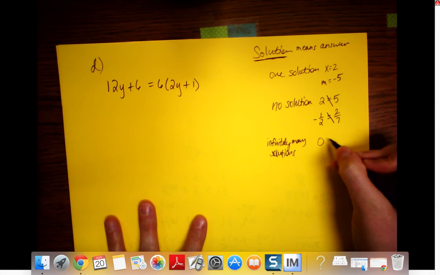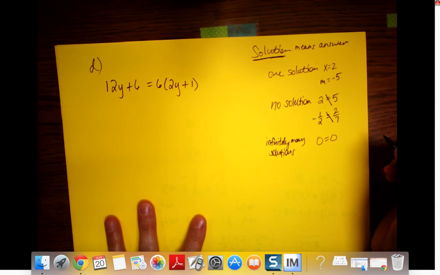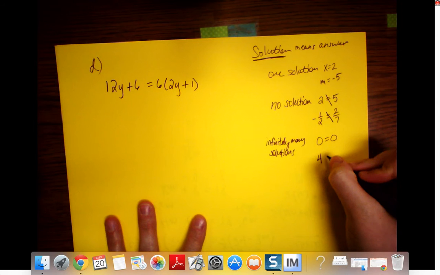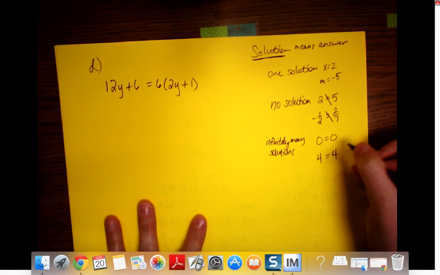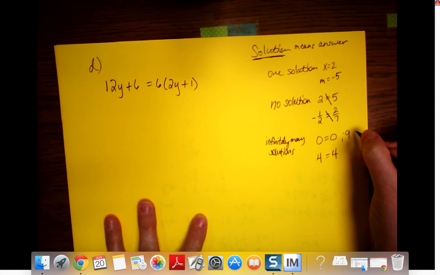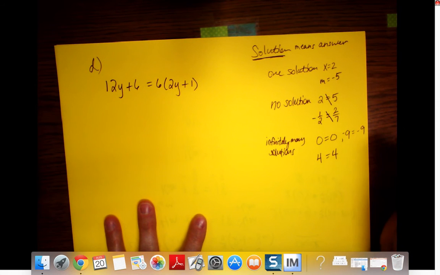It could say 0 equals 0, or 4 equals 4, or negative 9 equals negative 9. All of these are true statements. So whenever you get a statement like this after solving, then you know that your solution is infinitely many solutions.